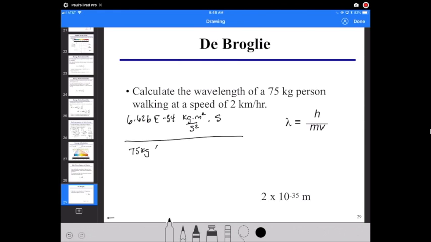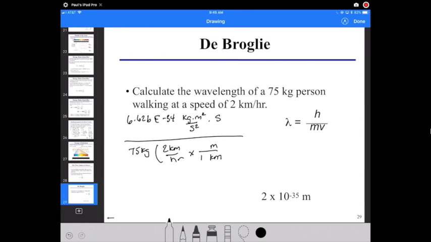Times, and they said 2 kilometers per hour. So we must be walking in Canada. Now, kilometers we can't use. We need them in meters.